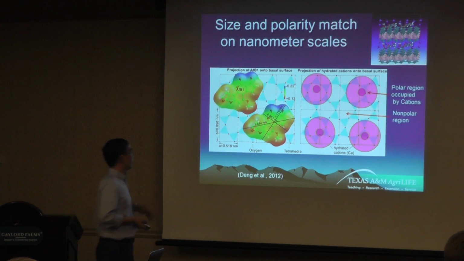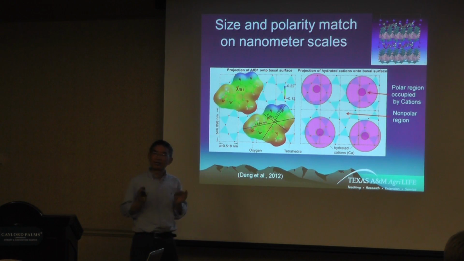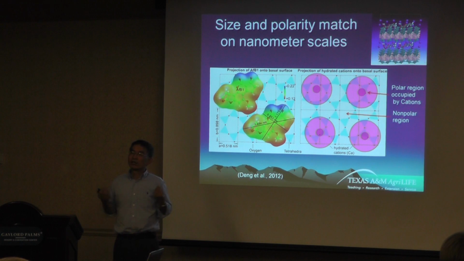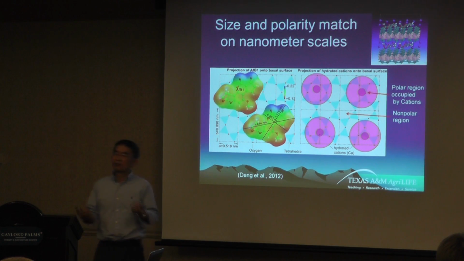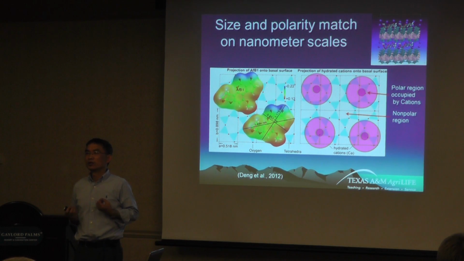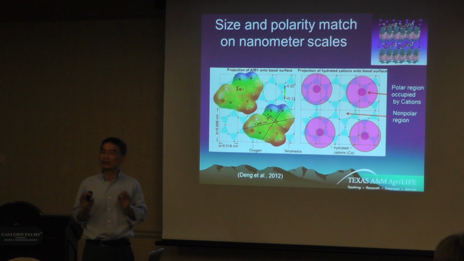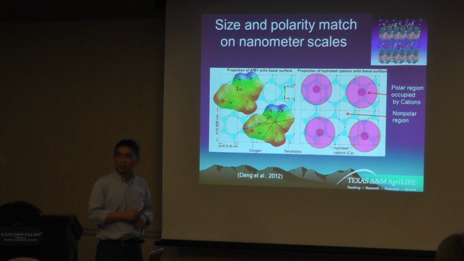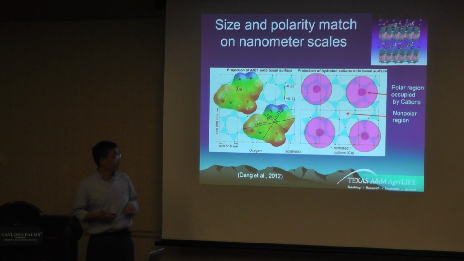So the idea is that if we have a smectite with an adequate charge density, it will absorb a certain amount of exchange cations into the interlayer. Those cations will bring some water with them. If the space between those cations is adequate in size, matching the aflatoxin, we will be able to achieve the optimum absorption capacity and high affinity. So this is the hypothesis we have tested.